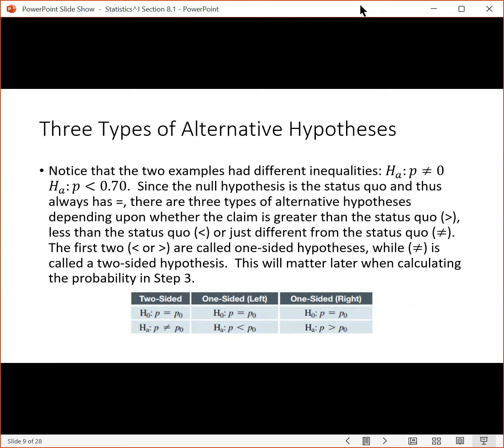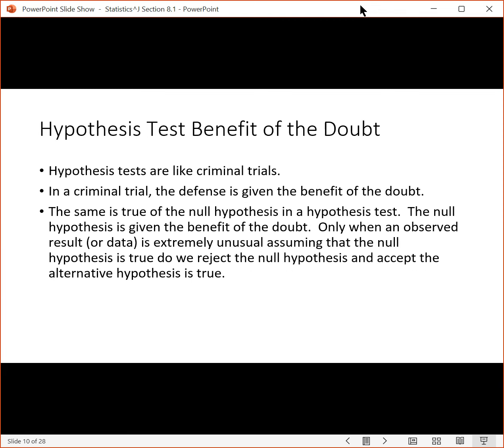The first two, less than or greater than, are called one-sided hypotheses. The third case, not equal to, is called a two-sided hypothesis. This doesn't matter in the rest of this video, but it will come up again in the next section. You need to do something slightly differently depending upon whether you have a one-sided or a two-sided hypothesis test.